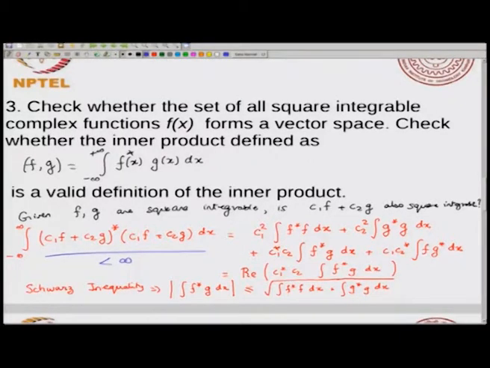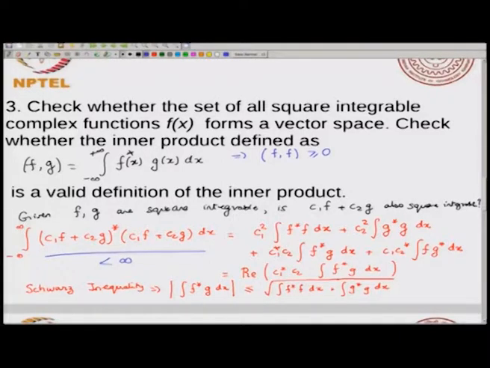Okay. Now, the next problem is to check whether the inner product defined this way is a valid definition of the inner product, and again you can show this easily. The conditions for validity of an inner product are, first, that the inner product of f with itself should be greater than or equal to 0.